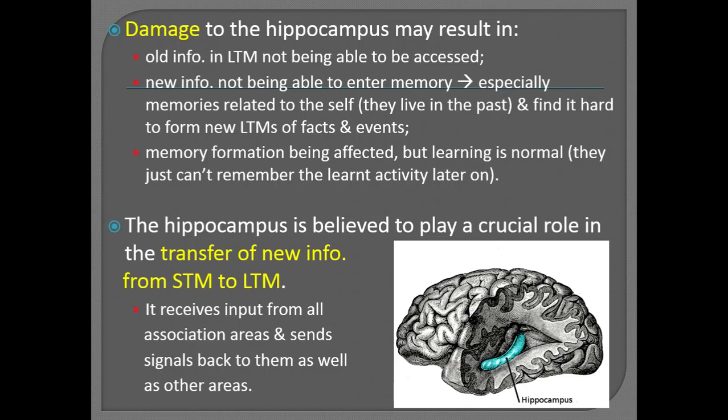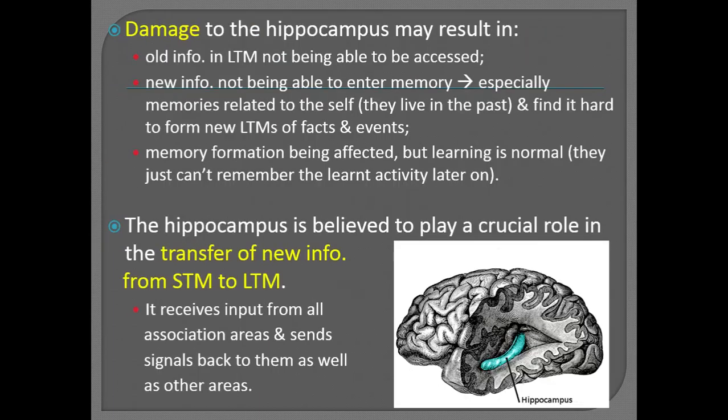People have difficulty making new memories, so we can't move them from short-term to long-term memory. So it's probably wise to summarize this point about the hippocampus being crucial to transferring new information from short-term to long-term memory so that we can access it later. That's how you would summarize what we think the hippocampus does.